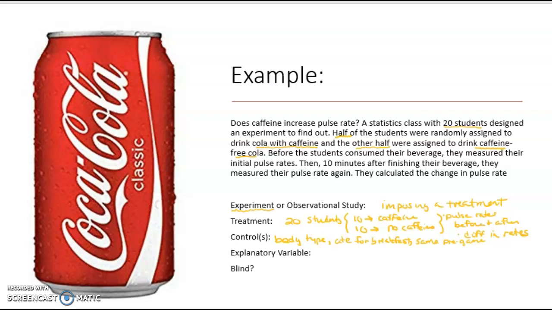All right, explanatory. What are we changing? That's going to be the caffeine. And is this blind? It doesn't really say that they hid which type of cola, but it definitely could be. And I'm going to put yes, possibly.